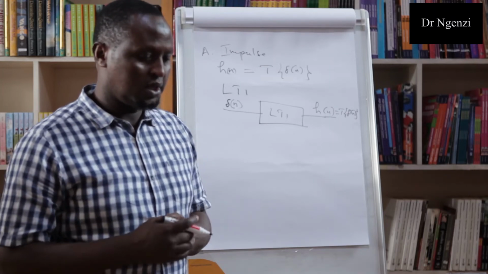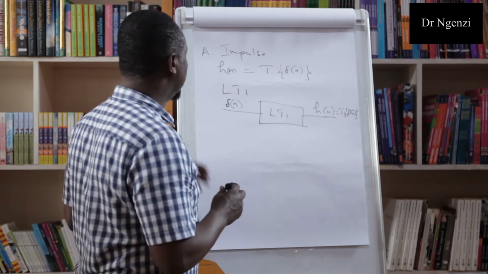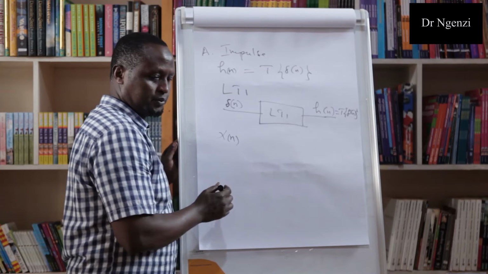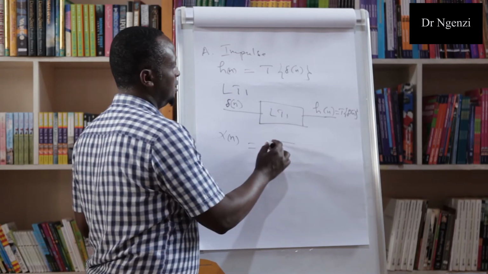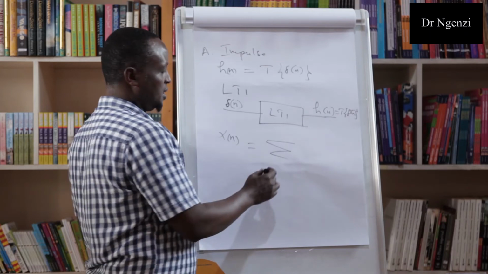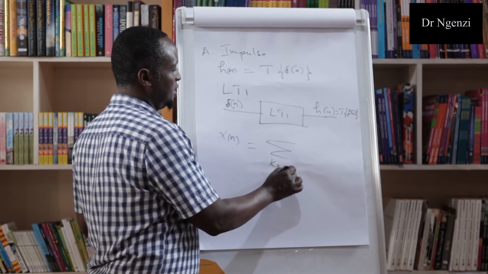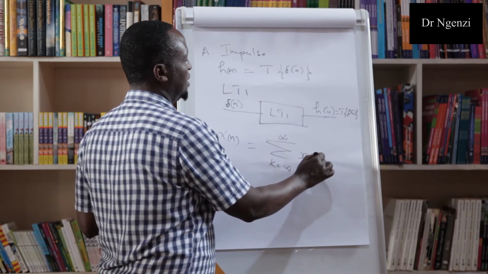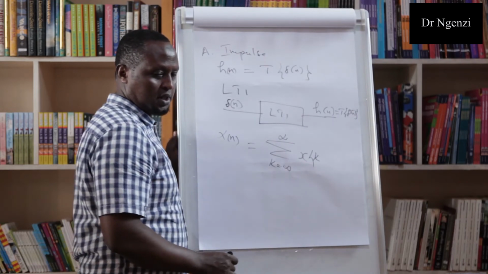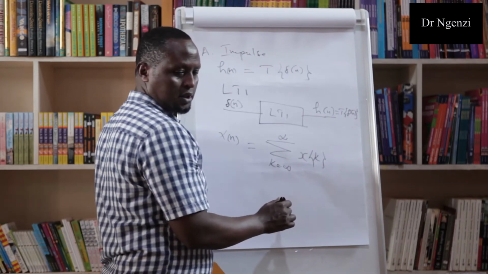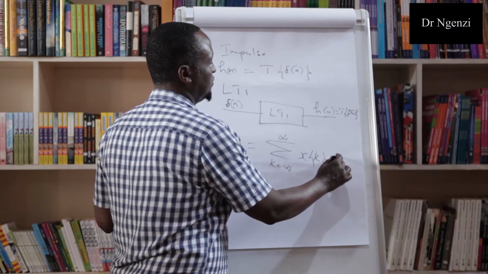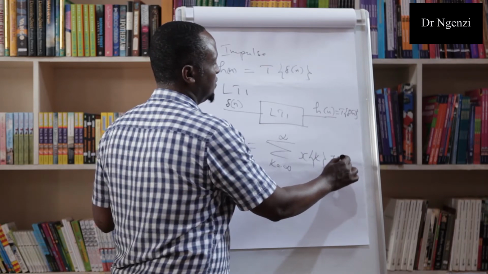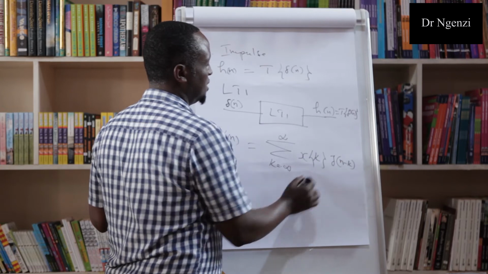So in this case, if you have an input expressed in this way, for example, having x of n as an input, you can end up having a shift k, from negative infinity to infinity, of x of k, for example, in this case, having the unit step impulse shifted from any k value that looks like this.